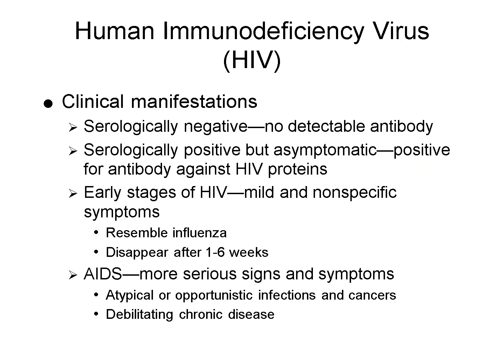Early clinical manifestations of HIV infection are often mild and nonspecific, resembling a flu-like illness. During this stage, an individual may be serologically negative, meaning that no detectable antibodies are present. Later, individuals become serologically positive but may remain asymptomatic for years.